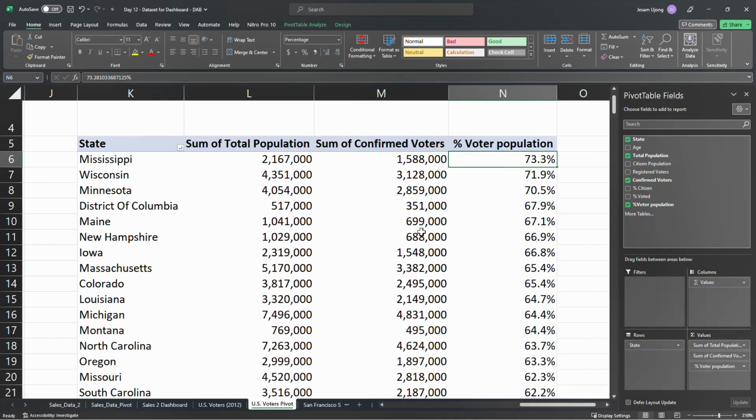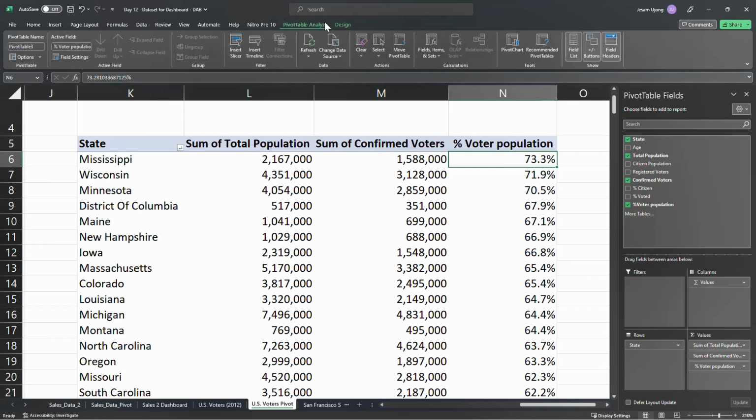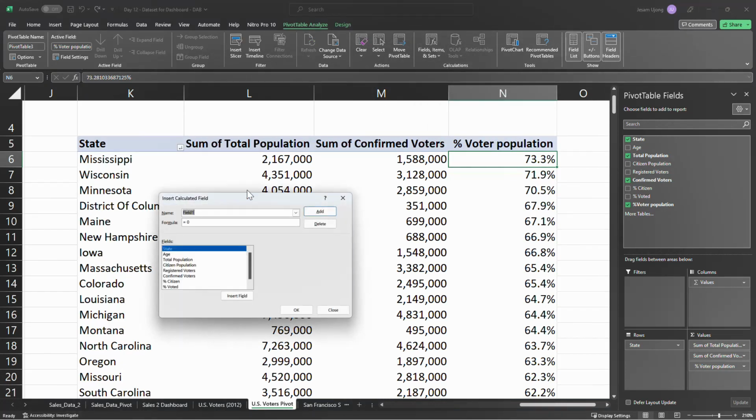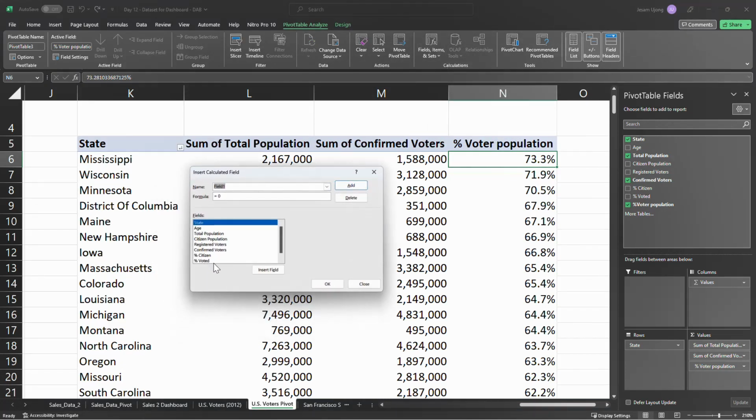Okay, so you did total population over confirmed voters. That's why I gave you that. Yes. So this time around, try it out this other way and tell me. So what you can do is that you could just go to your pivots, analyze, go to fields and items, calculated fields, right? And go to where you have what you called it, percentage voter population.